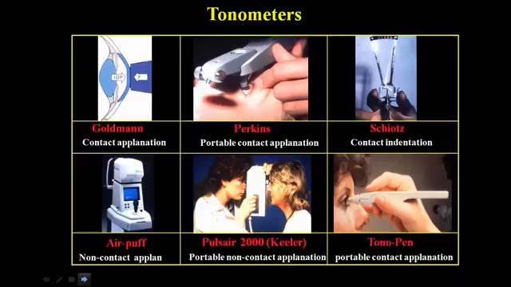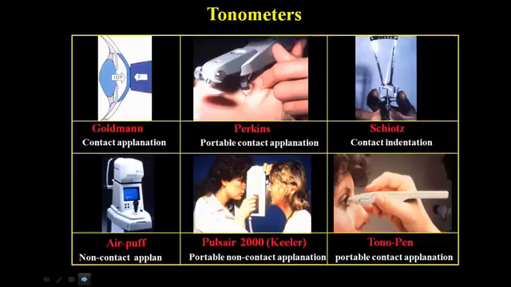So the applanation tonometers take the IOP by flattening the surface of the cornea. Now, in contact tonometers, we have the Goldmann contact tonometer, which is an applanation type of tonometer. Then we have the Perkins contact tonometer, which is also an applanation type of tonometer, and it is portable and used in supine position.